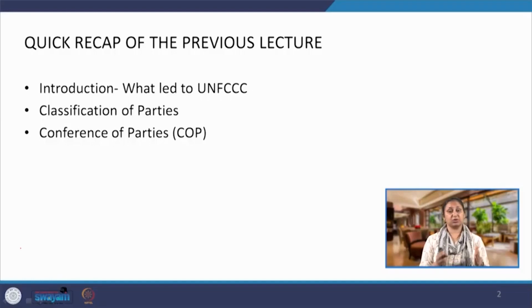In the previous lecture, we discussed at length what led to the creation of UNFCCC, United Nations Framework Convention on Climate Change, which was basically to understand that climate change was recognized at the global level, at the United Nations level, and almost the entire world came together, agreed, signed the document, became a party to it and agreed that yes, we need to reduce climate change.